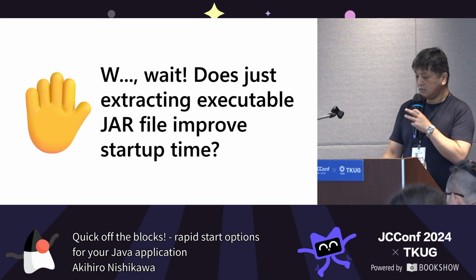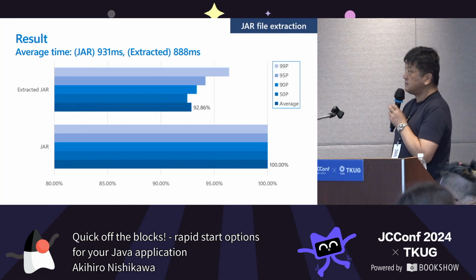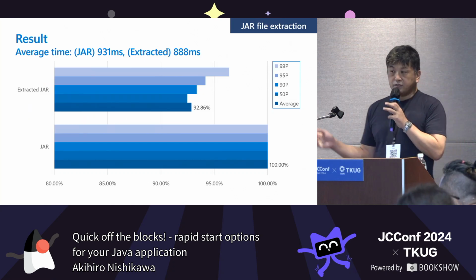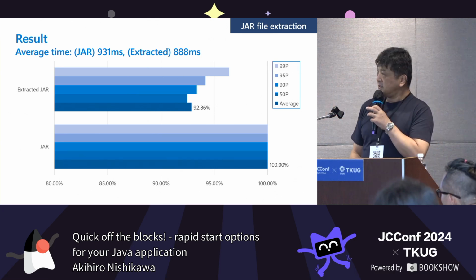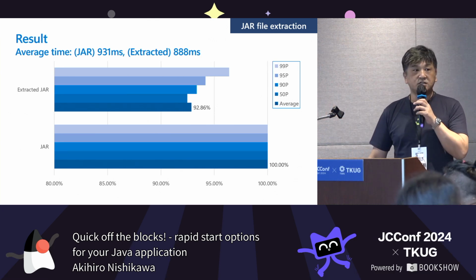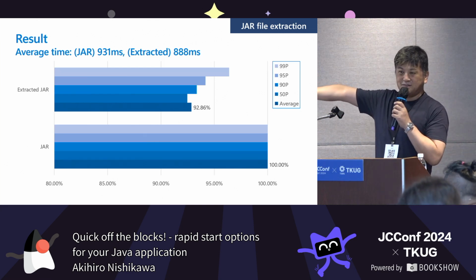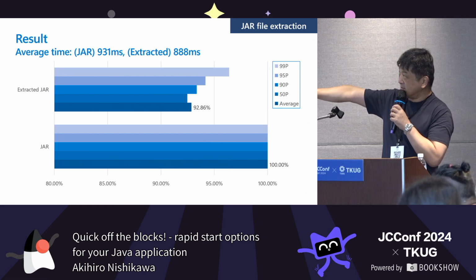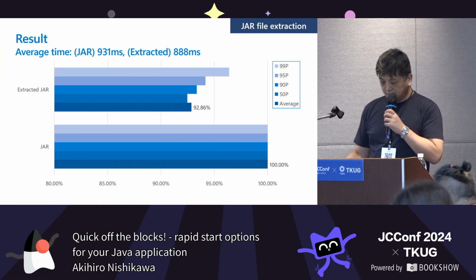So now I'll share the benchmark results. There is more than 5% improvement in the case of the extracted jar. This is the base result and base information of the benchmark.